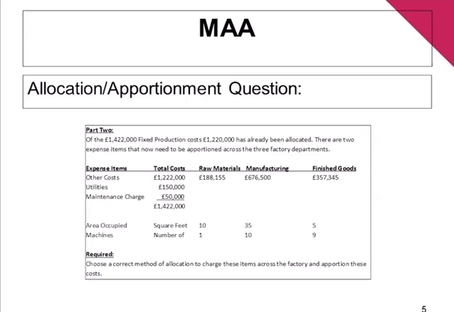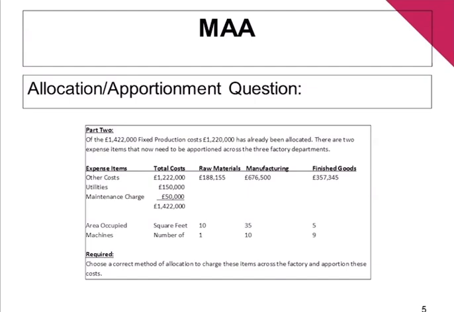Take utilities, for example, which will be presented as one bill. If we don't have meter readings at every stage of our factory, then we cannot accurately allocate the cost to the different departments in the factory.